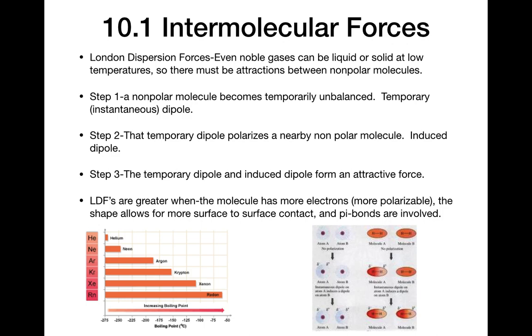And finally, pi bonds. Pi bonds are very polarizable, and so if you have some kind of pi bonding going on, that can actually strengthen the intermolecular forces. For example, benzene with its delocalized pi ring has very strong intermolecular forces due to its pi bonding.